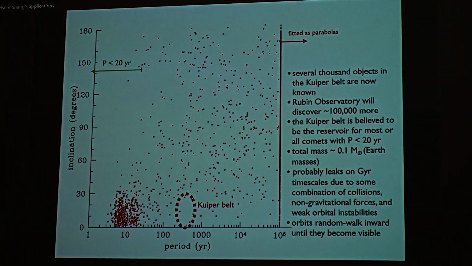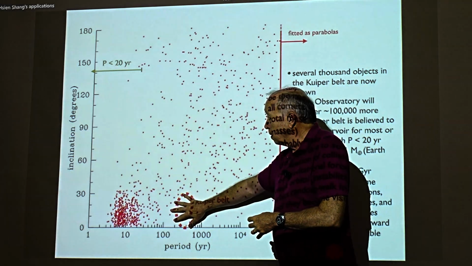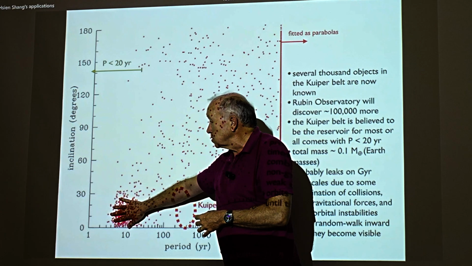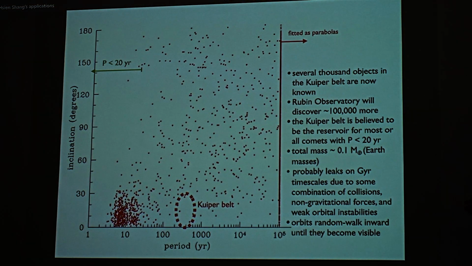By now, since the 1990s, we've discovered several thousand objects in the Kuiper Belt. The Rubin Observatory is expected to discover another 100,000. And we believe that the Kuiper Belt is the origin of all of the short period comets in this clump of comets at small inclinations.